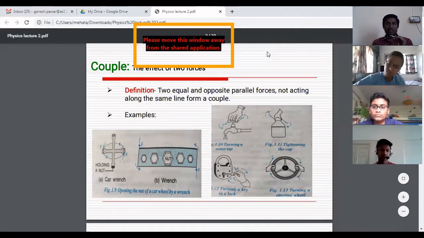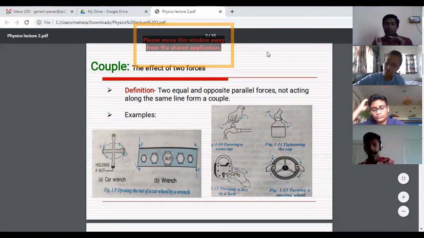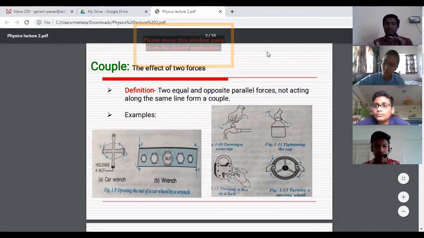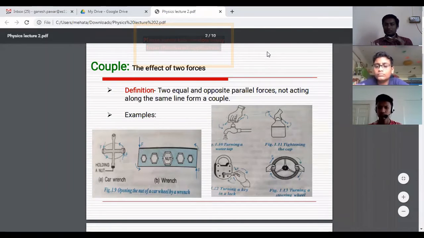You can take the axis of rotation anywhere, but every time the moment of couple is going to come out the same. So this is the main difference, but both of them have the same tendency to produce a turning effect. That's the difference you should remember between the couple and the moment of force.